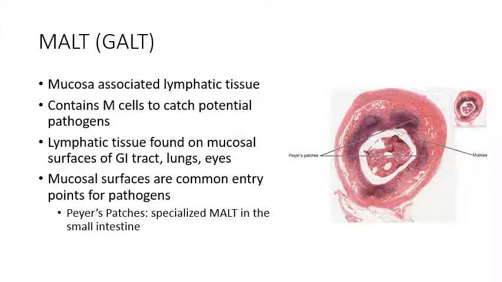Sometimes called gut-associated lymphatic tissue, or GALT. So these are just patches of lymphatic tissue that contain cells that are able to catch some of the pathogens that might be passing through your digestive tract. And then Peyer's patches, these are specific patches of MALT that are located in the small intestine.